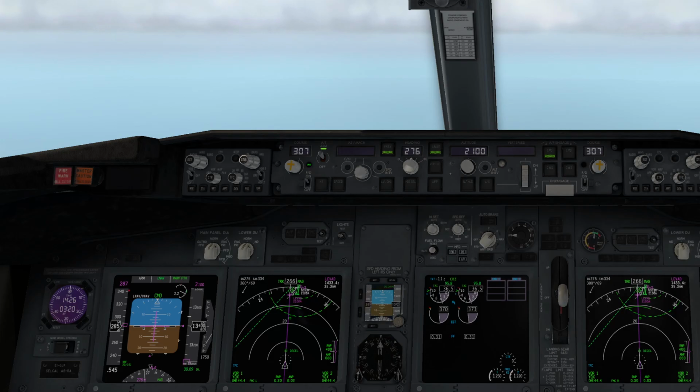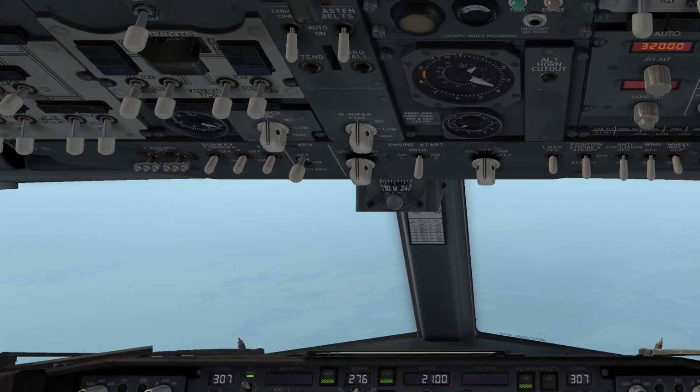So we are passing 13,300 feet for 2,100 feet. We don't see anything yet from the coast.